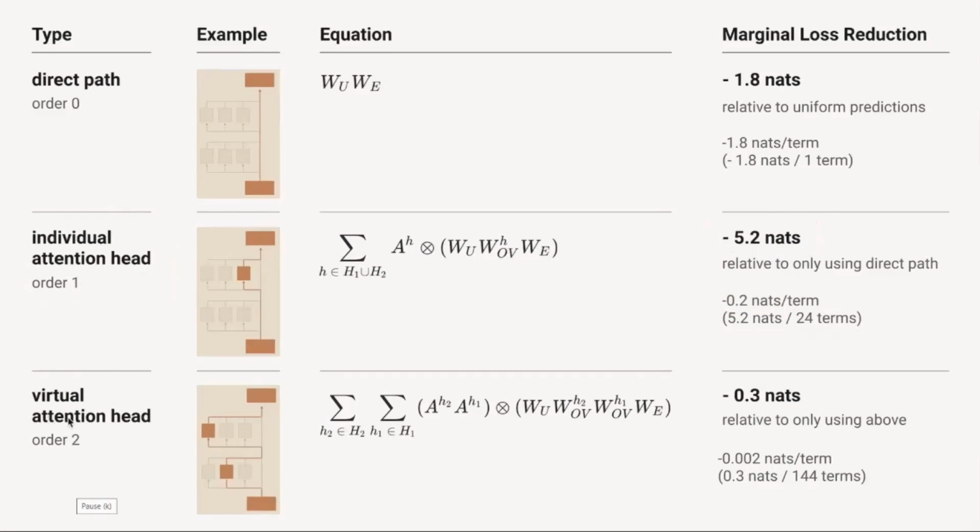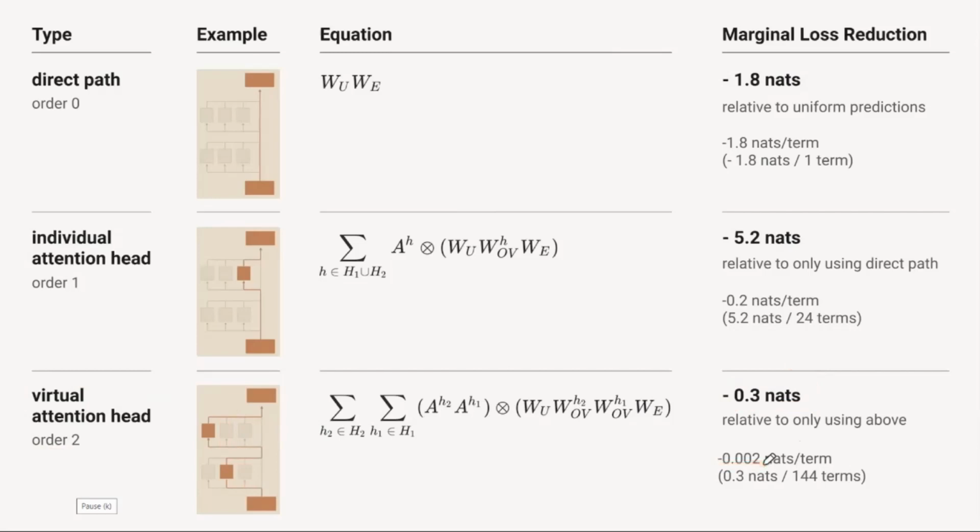The virtual attention heads, on top of the individual attention heads, only give us a marginal additional 0.3 nats. And because there are quadratically many of these, since for every first layer attention head and every second layer attention head there's one of these pairs, the loss reduction per term is very small, 0.002.